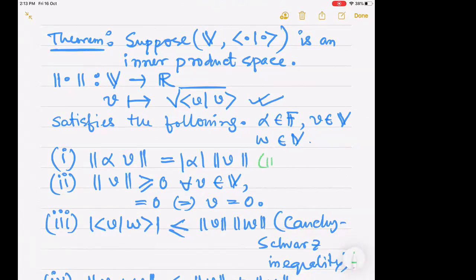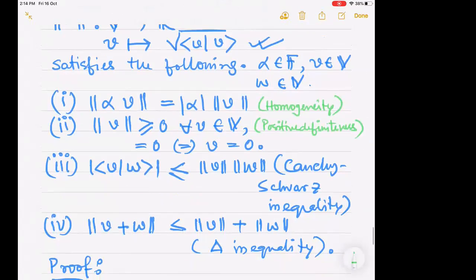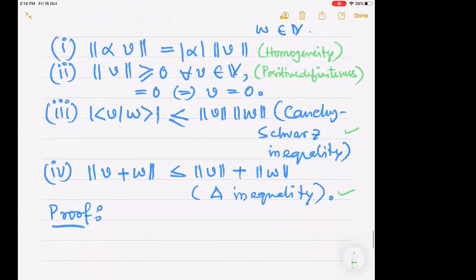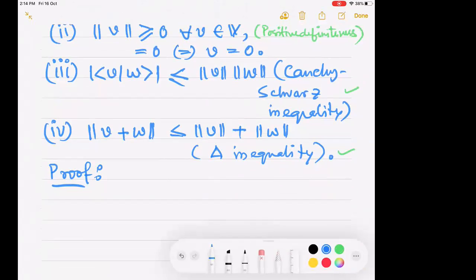This is called homogeneity. This is called positive definiteness. This is the Cauchy-Schwarz inequality. This is the triangle inequality. Okay, now on to the proof.